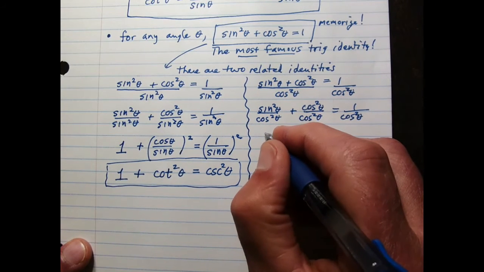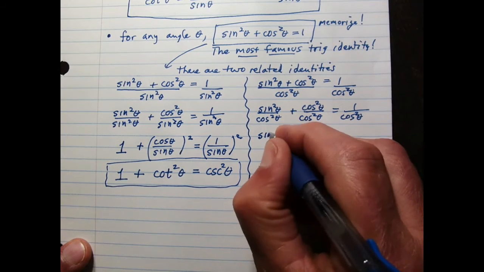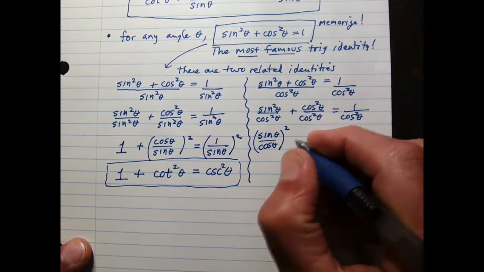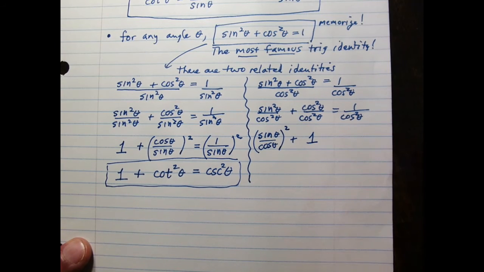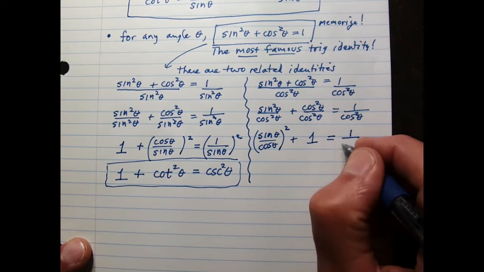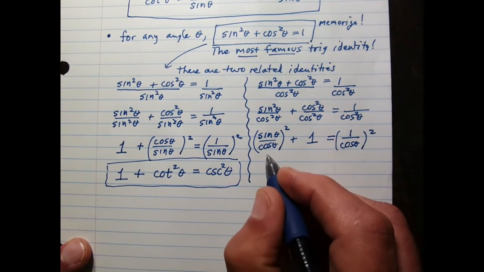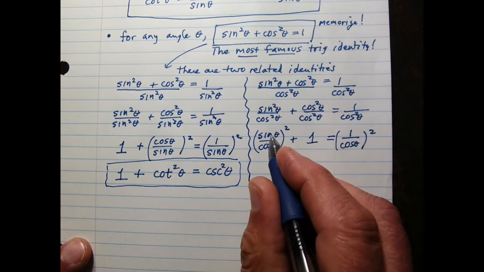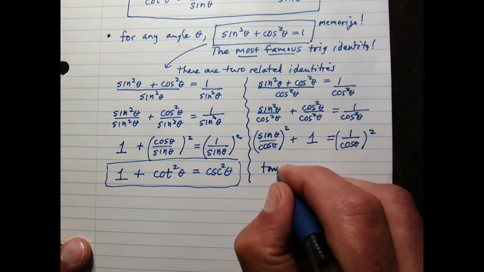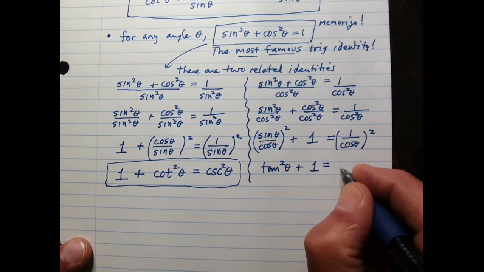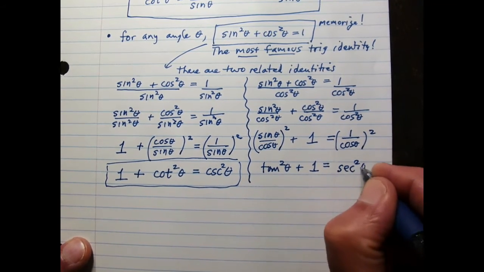Now, sine squared over cosine squared can be thought of as sine theta over cosine theta, squared, plus cosine squared over cosine squared, which is 1. And 1 over cosine squared is 1 over cosine, in parentheses, squared. So now I can express this using other trig functions. Sine over cosine is tangent, so I have tangent squared theta plus 1 equals 1 over cosine, which is secant, so I have secant squared theta.